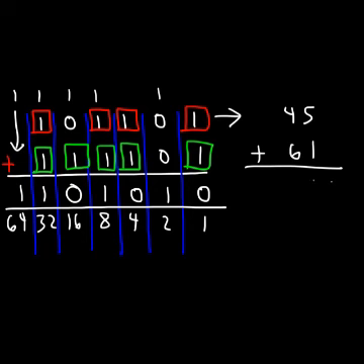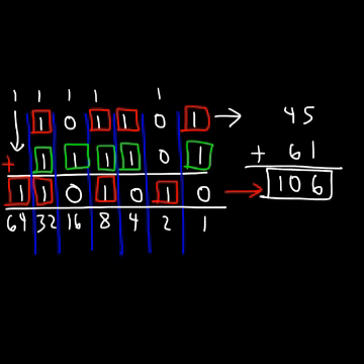Now 1 plus 5 is 6, 4 plus 6 is 10. So we get 106. Now we have a 64 plus a 32, so that's 96. 96 plus 8 is 104. 104 plus 2 is 106. And so our answer is indeed correct.